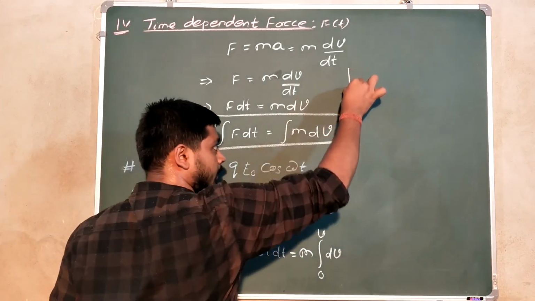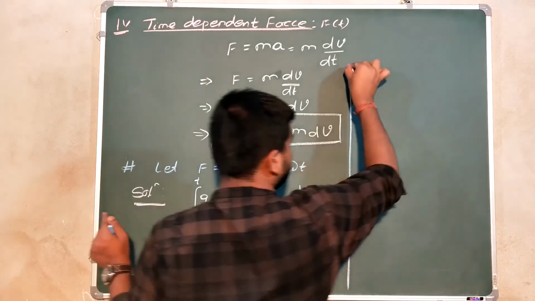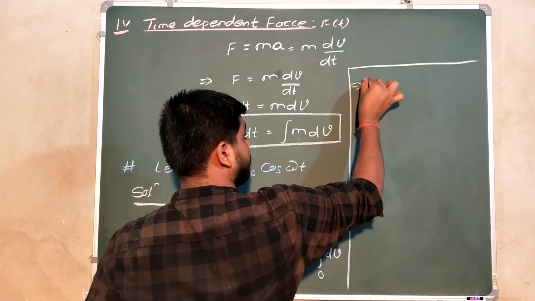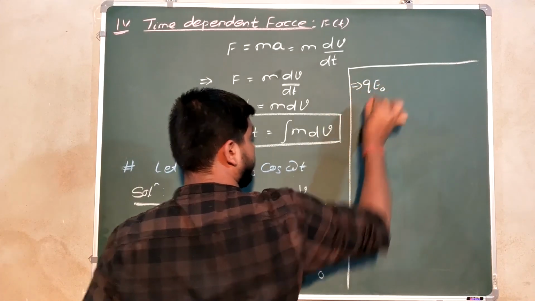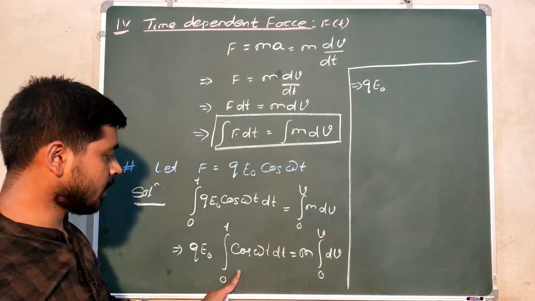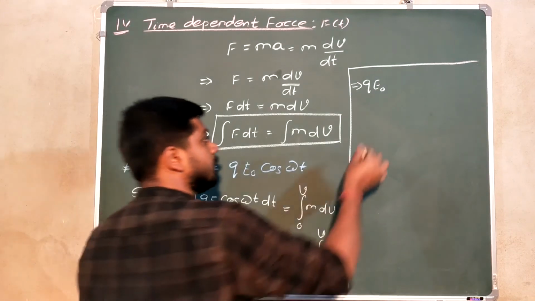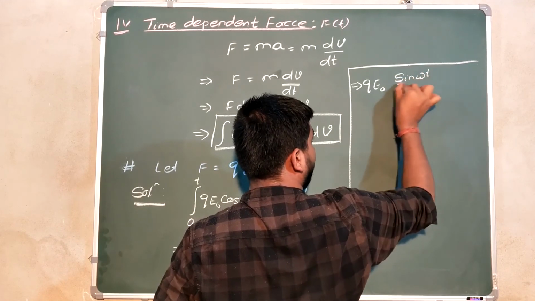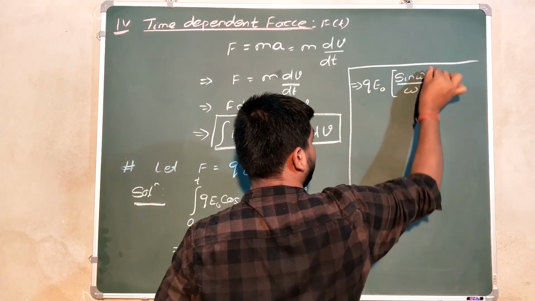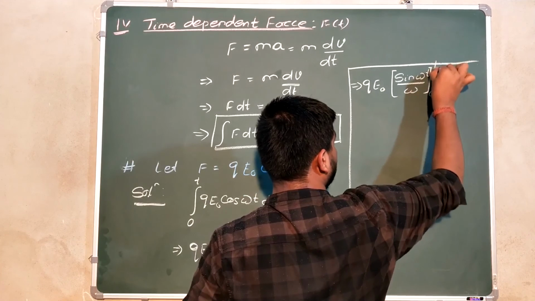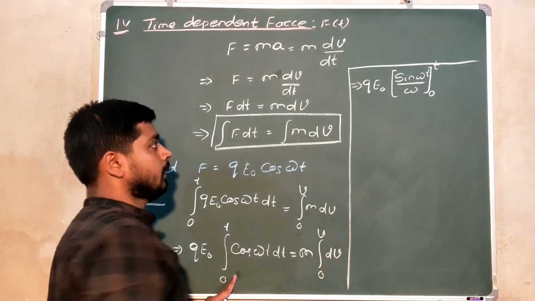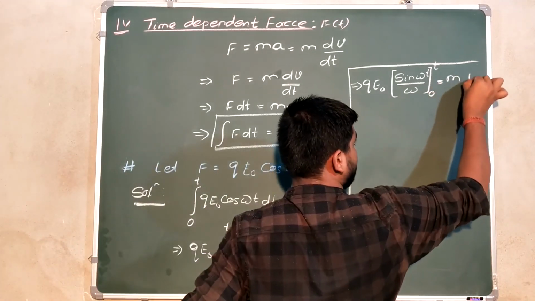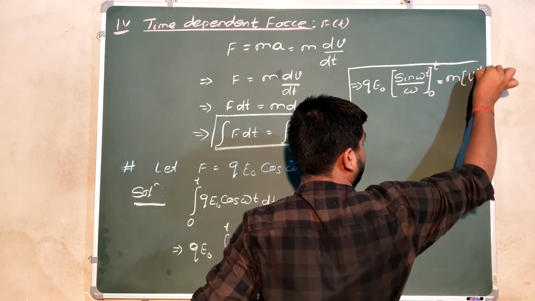Then that implies q E naught times the integration of cos omega t, sin omega t by omega, from 0 to t, yes or no? Equal to m times the integration of dv, which is v, from 0 to v.